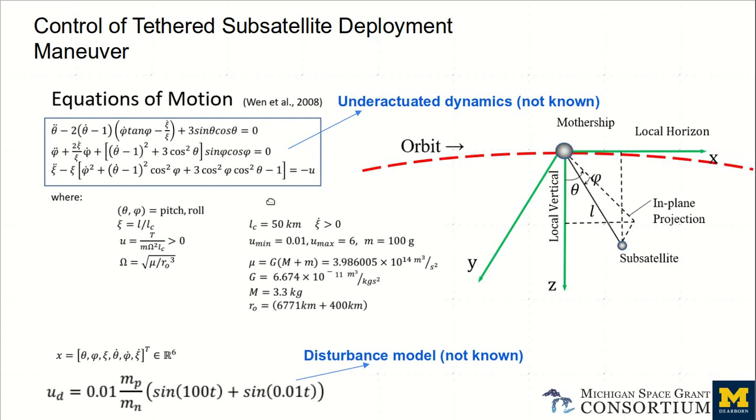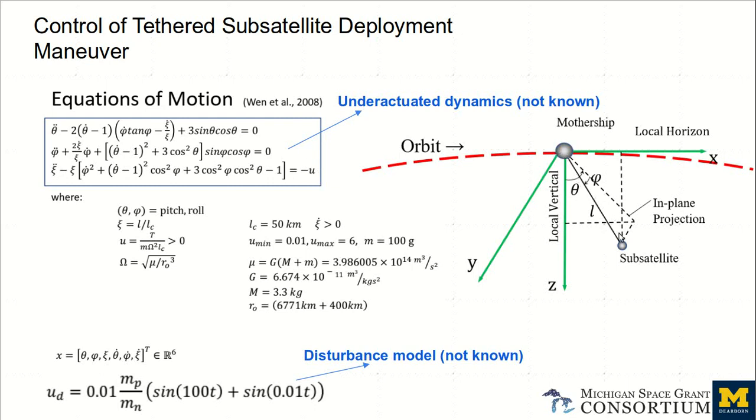So, equations of motion of this subsatellite deployment maneuver are given using these nonlinear equations, which are coupled with each other and they are under-actuated, meaning that there is only one control input and 3 degrees of freedom, which are the angles theta and phi, which describe the geometric configuration of the subsatellite with respect to the mothership, and the length of the EDT, which is controlled by the controlled current through the EDT.